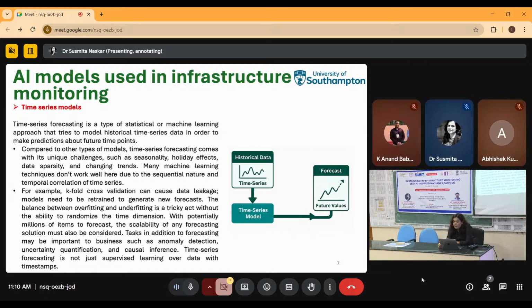Time series forecasting tries to model the historical data points to predict future values, and this is crucial for infrastructure monitoring because many structural phenomena such as vibration, load variation or temperature fluctuation happen over a period of time and may follow some kind of pattern. That's the reason time series models are very important.